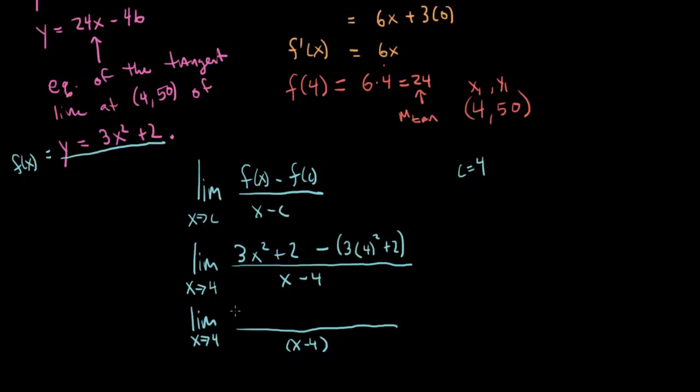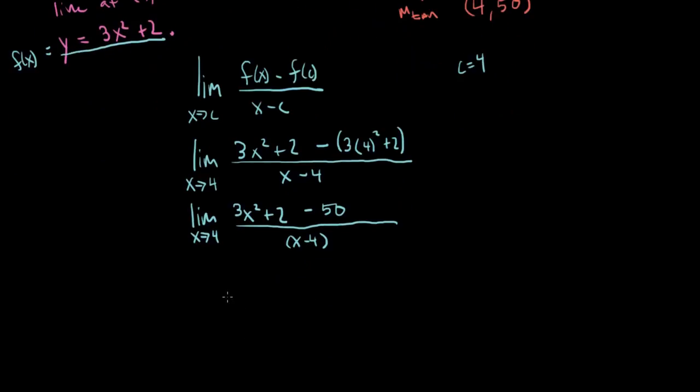Okay? So let's see here. We'll have 3x squared plus 2. Now, what is this equal over here? We did this earlier. I think it's 4 squared is 16. 16 times 3 is 48 plus 2 is 50. So we say minus 50. Okay.